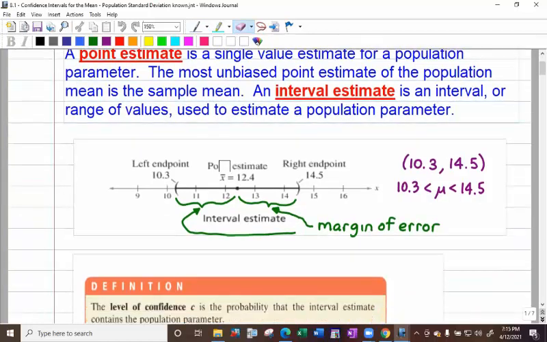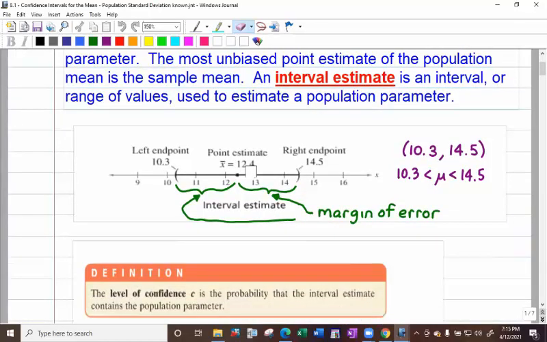Of course, we're going to see how to construct these, and you're going to love this stuff because it's pretty calculator friendly. All right. So for this data, the point estimate here is the sample mean. Now we have this left endpoint and this right endpoint, and we'll see how this is actually calculated.